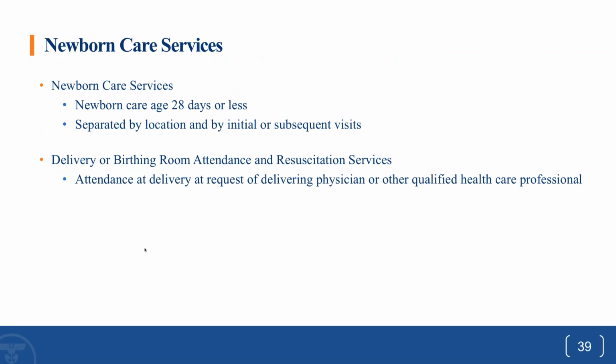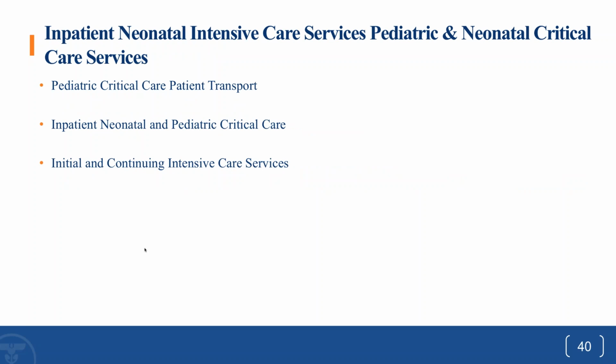Okay. So this is newborn, initial hospital birthing center services. So again, this is not maybe something that we're going to see because there you go into inpatient neonatal, so they're not going to test you on the inpatient side, but it's good to know because you want to see what's involved.